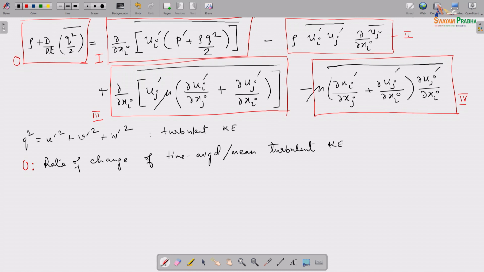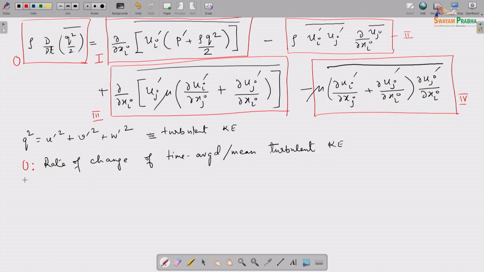Essentially this has to be half of this term Q square, so I multiply that half into rho and I get the turbulent KE. Q square is the square of the fluctuating components of the velocity.